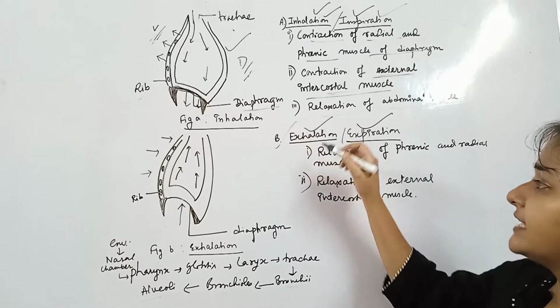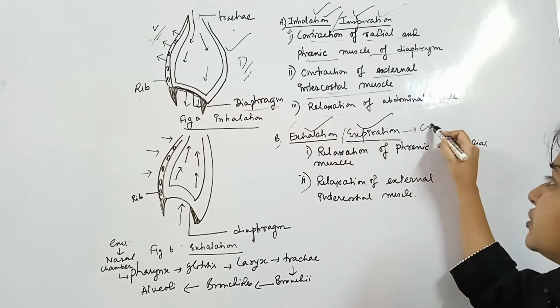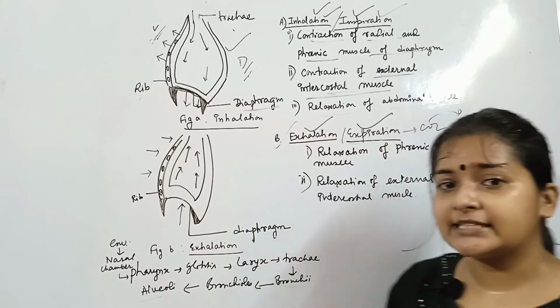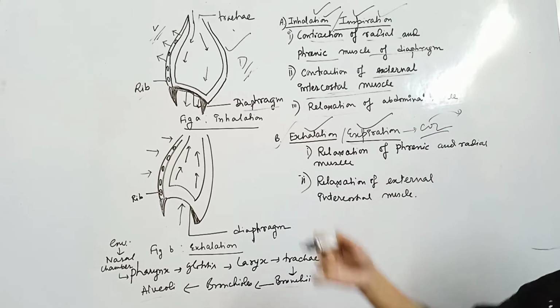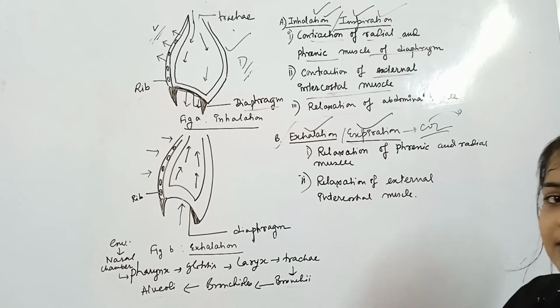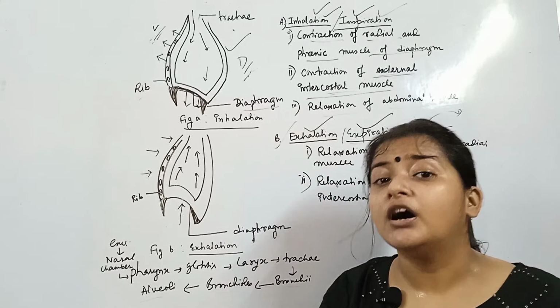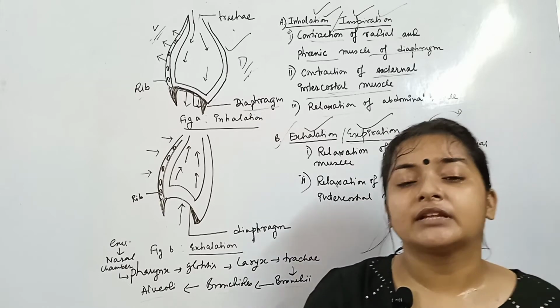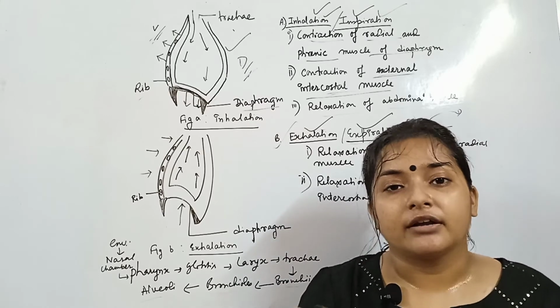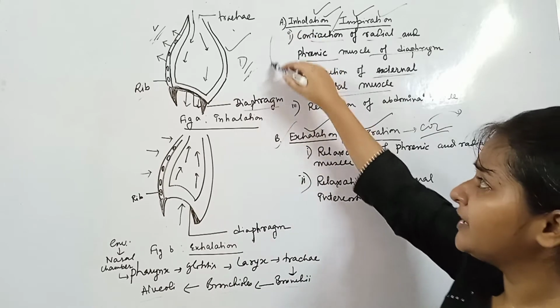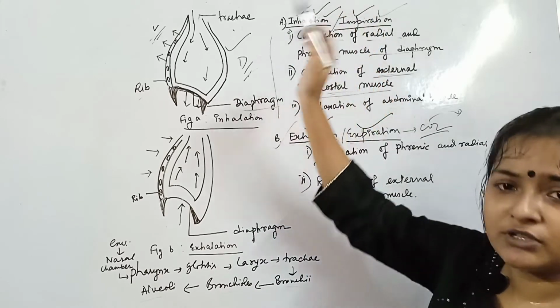See, this is exhalation or expiration, the mechanism by which the CO2 is released out from the body to the environment. Now this phenomenon will start. At first, what happened? The diaphragm goes upward. Why? Because the reverse phenomenon starts occurring. What happened in the inhalation process?